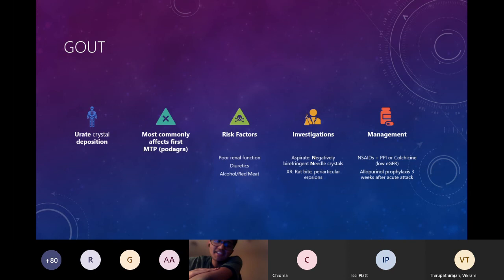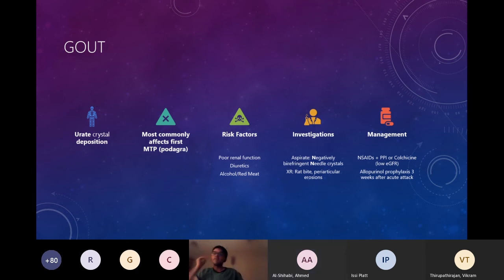So related to xanthine oxidase, does anyone know what inflammatory bowel disease drug you need to change the dose of if they're on allopurinol? This is another random niche SBA fact. Drop in the comments. I'll wait like 5 seconds. Yes, nice. Azathioprine.